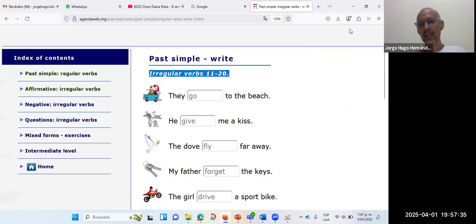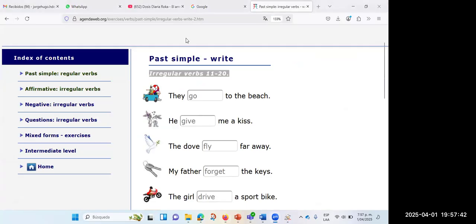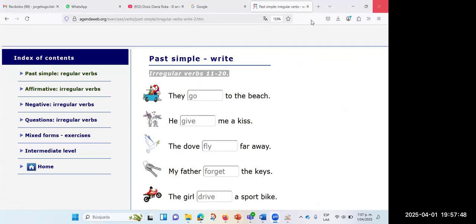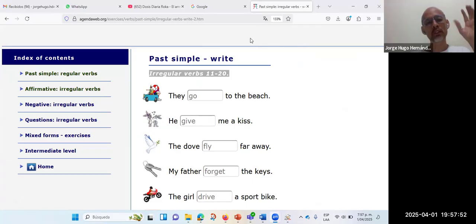Lo que pasa es que usted tiene configurado su navegador, sea Google o Mozilla, con la traducción automática. Usted trabaje con la página que trabaje, le va a pasar eso.